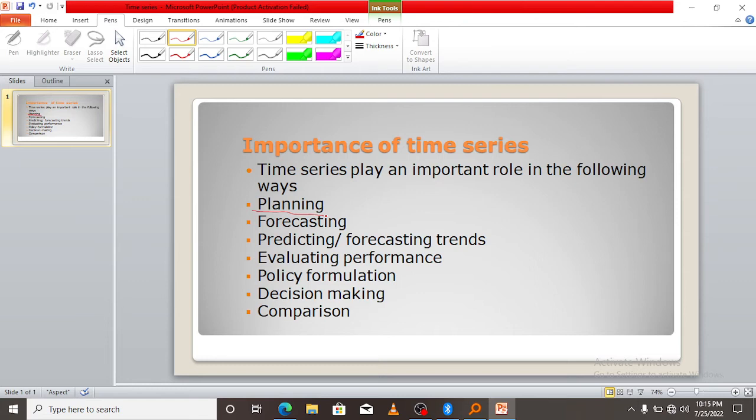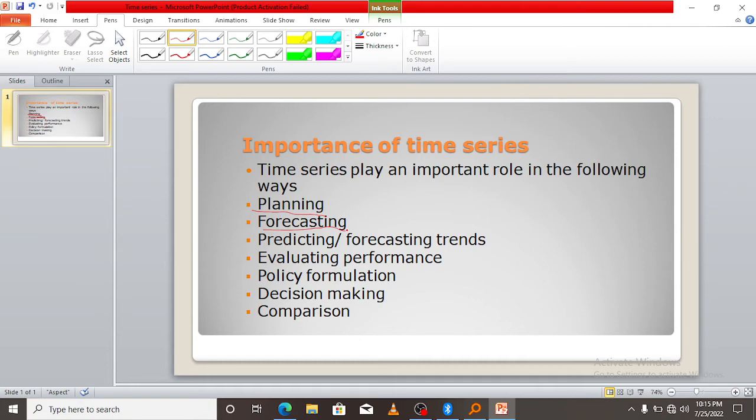For example, in the agricultural sector, when you see that there is a seasonal variation whereby we expect a dry season, you can plan for that dry season.